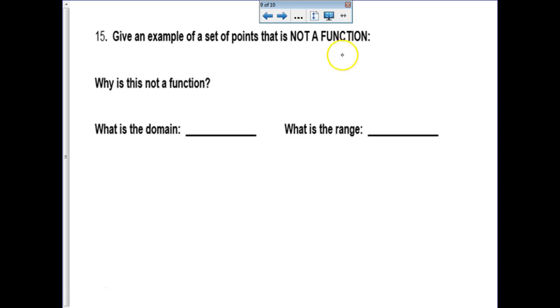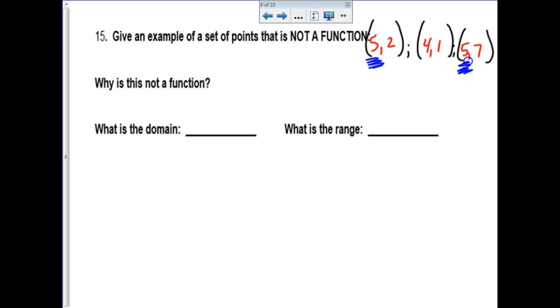Alright, so this question is the reverse of that. Still a set of points, but show me something that would not be a function. So let's say I had like 5, 2, and then like 4, 1, and then like 5, 7. The reason this is not a function is because of this x right here.